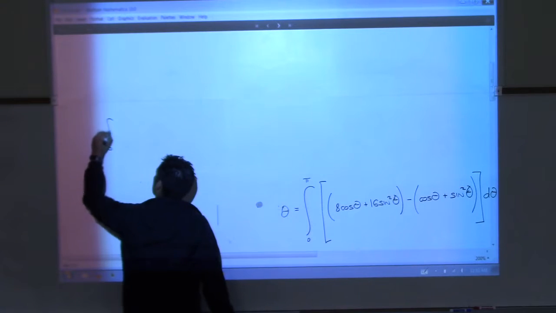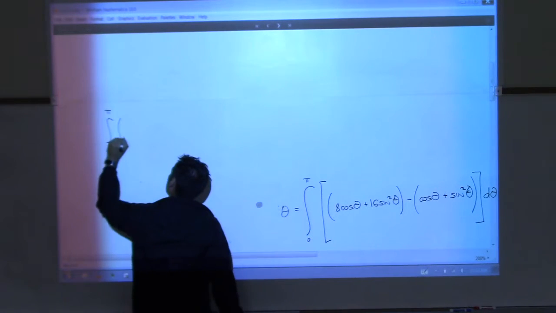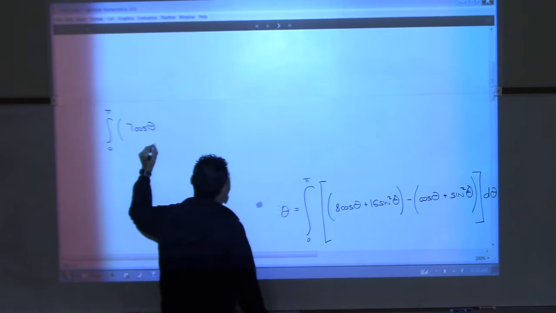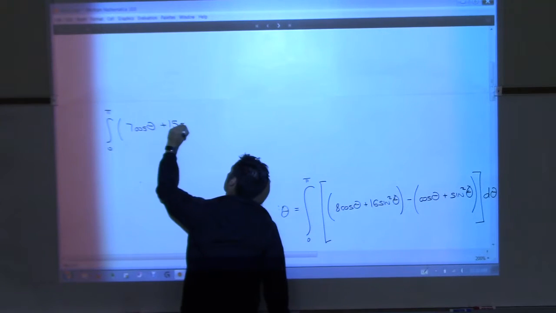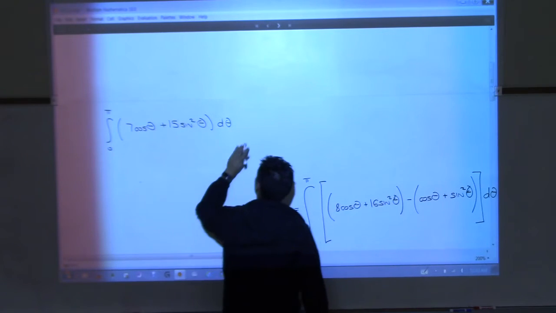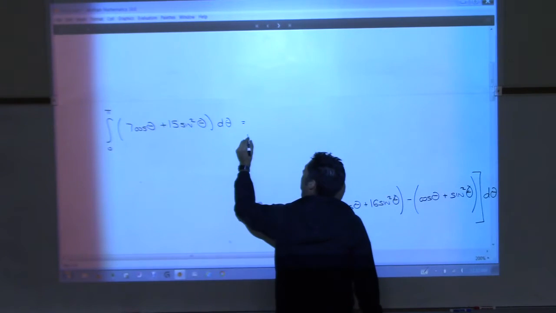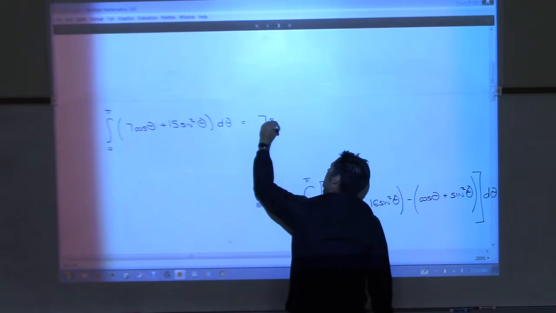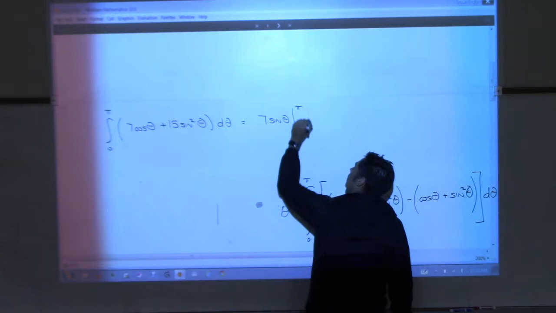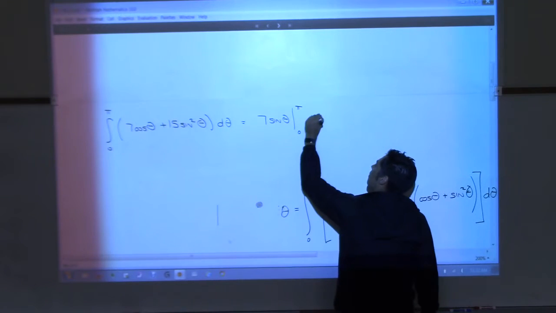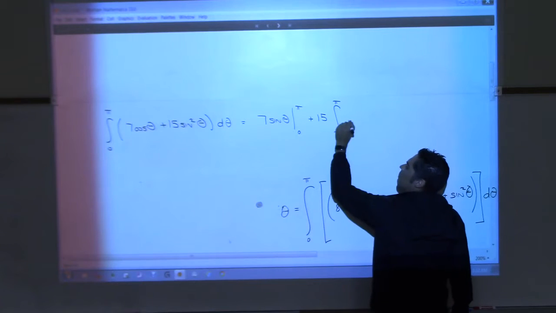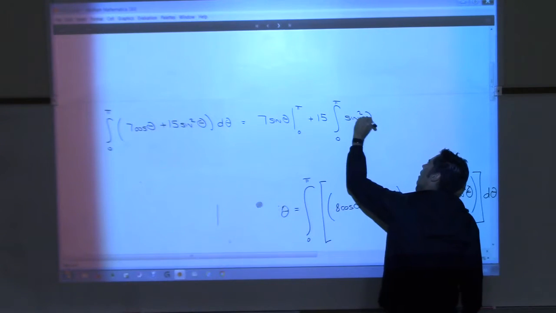Integral 0 to pi of 7 cosine theta plus 15 sine squared theta d theta, which equals 7 sine theta evaluated from 0 to pi plus 15 integral from 0 to pi of sine squared theta d theta.